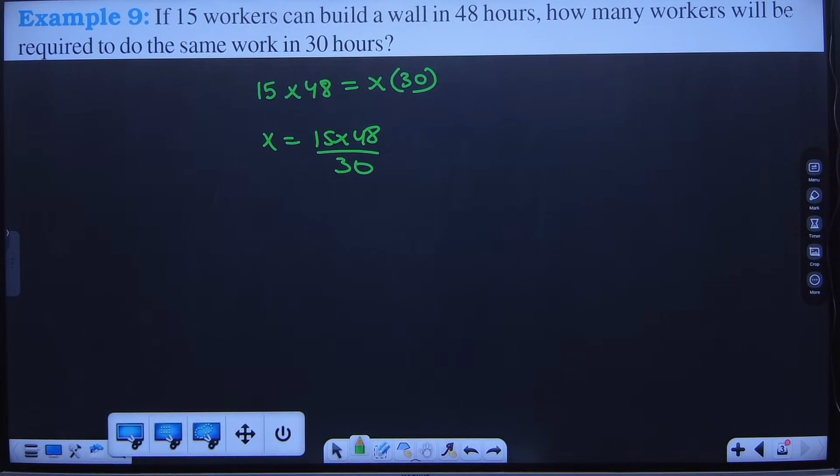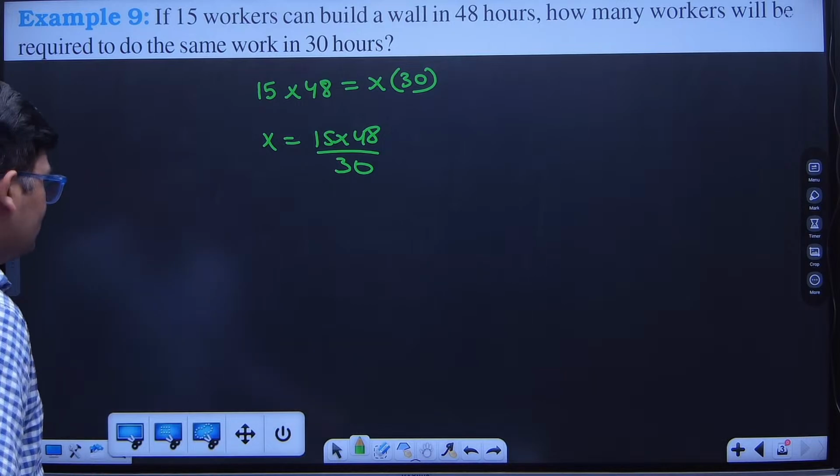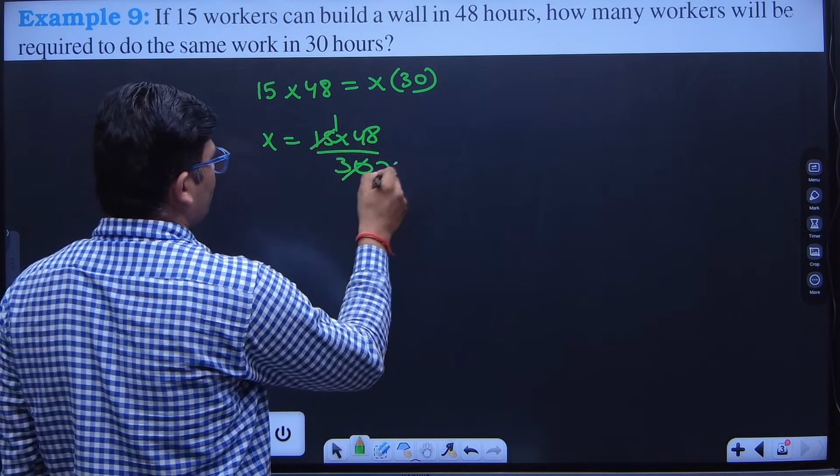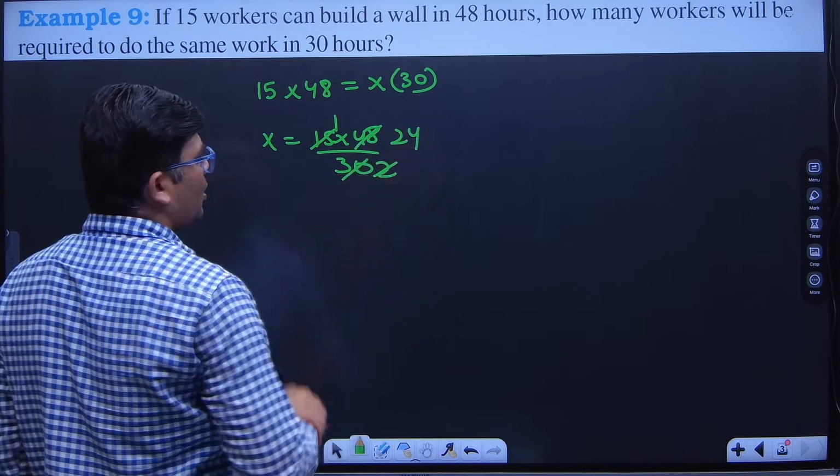Sir, the answer is 24. Yes, 24 workers. 24 what? Hours or workers? Workers. Okay, let us check. 15 into 48 divided by 30 is 24.